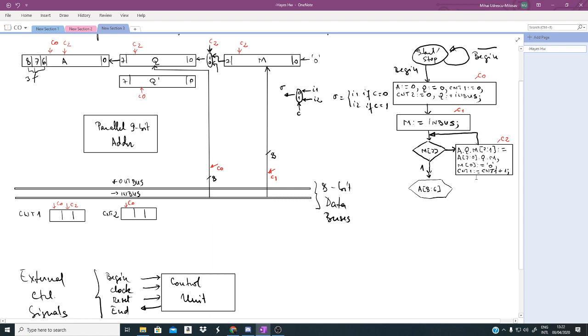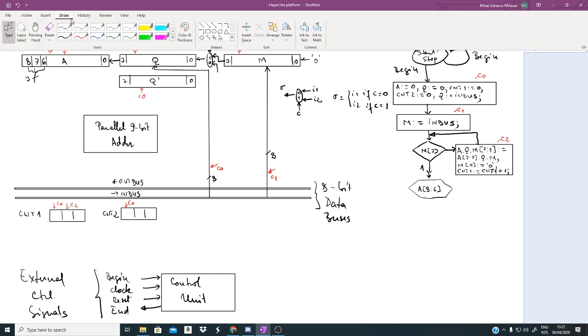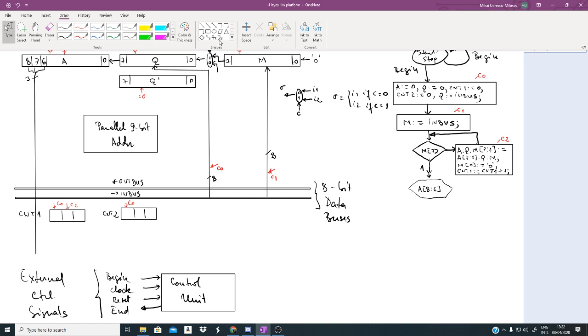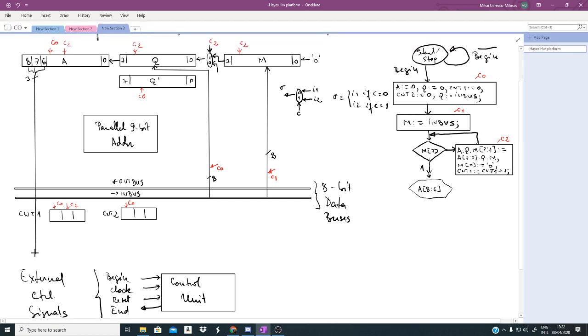Now I need these three values to arrive here at the control unit.